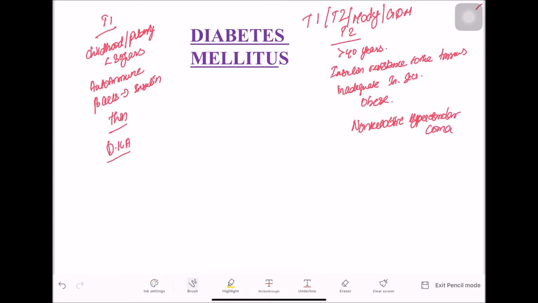So in type 1, diabetic ketoacidosis. In type 2, non-ketotic hyperosmolar coma, hyperosmolar hyperglycemic coma.